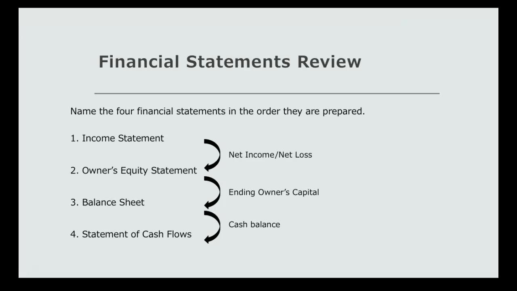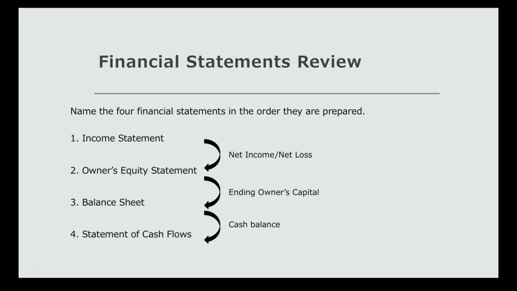So that's why when I say that you're going to need to memorize this order, I want you to do more than just memorize the order of 1 through 4 and instead understand the why, right? So we prepare an income statement to find our net income or net loss. And we need that net income or net loss to prepare an owner's equity statement.